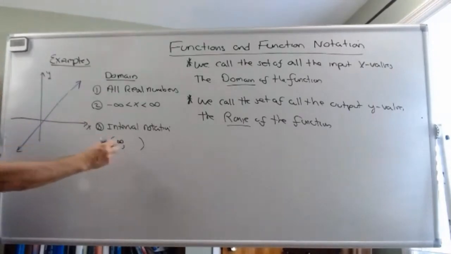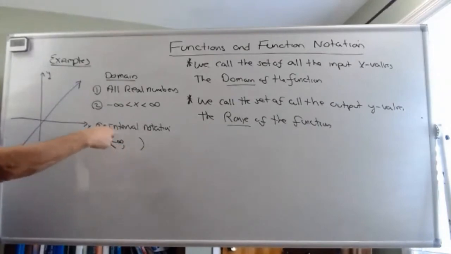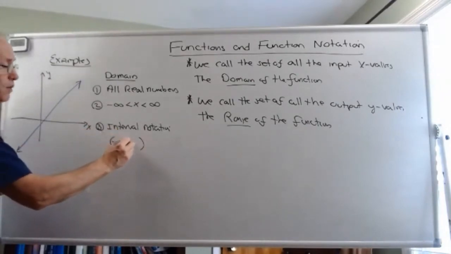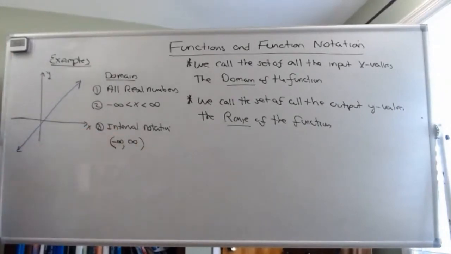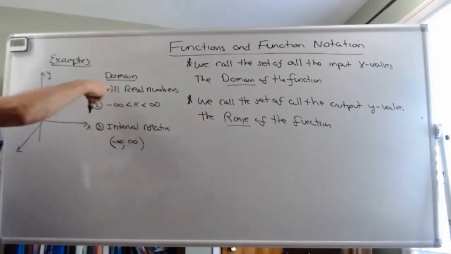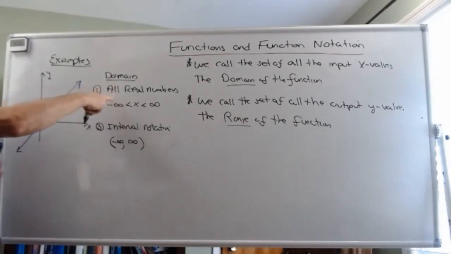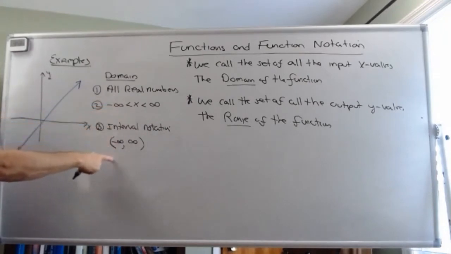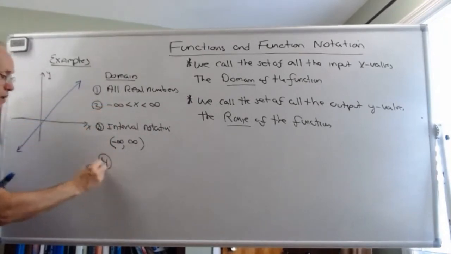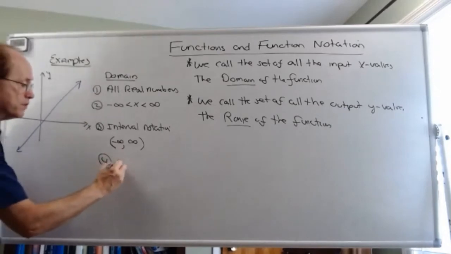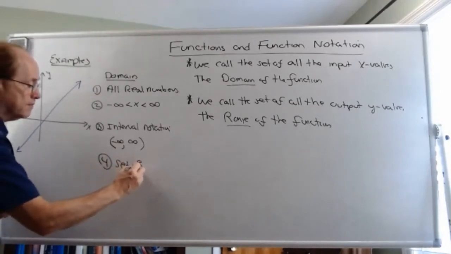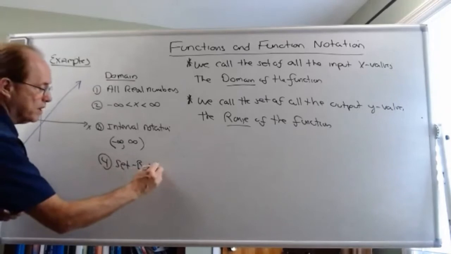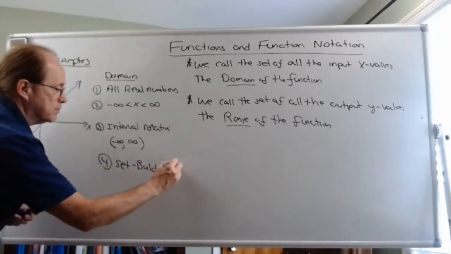Notice I'm not including infinity because it's a parenthesis rather than a bracket, all the way up to positive infinity. So these are three different ways: in words, using the algebraic inequality, using interval notation, and this last one is using what we call set builder. This is the mathematical way of expressing it.